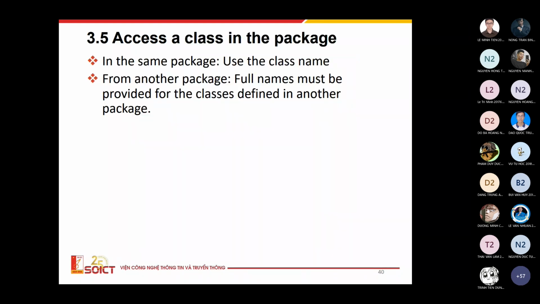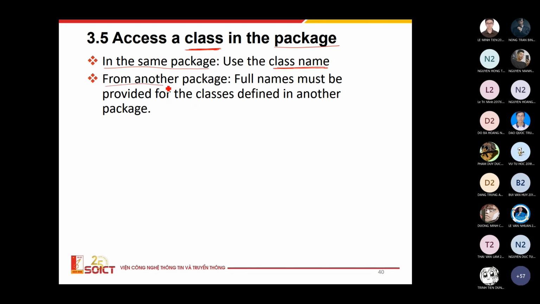So, we will pass to the next. Is how you can access the class in a package. Yeah, we talk about the package, we talk about the class, but how can you access a class in a package, for example? So within the same package, you just can use the class name only. So you can access the class, or you can show to the JVM that this is the class I want to use.